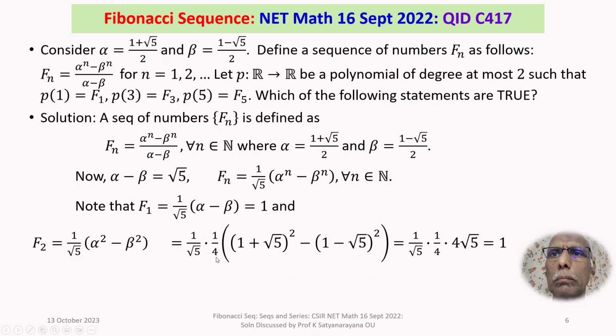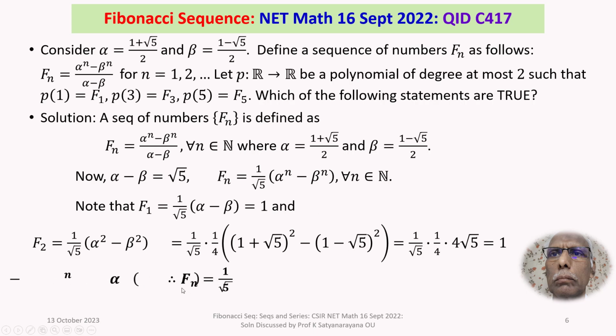Taking 1 by 4 common, (1 plus root 5) whole square minus (1 minus root 5) whole square is equal to 4ab, that is 4 into 1 into root 5, that is 4 root 5. So 1 by root 5 into 1 by 4 into 4 root 5 cancel and you will get 1. So F of 1 is 1, F of 2 is 1.